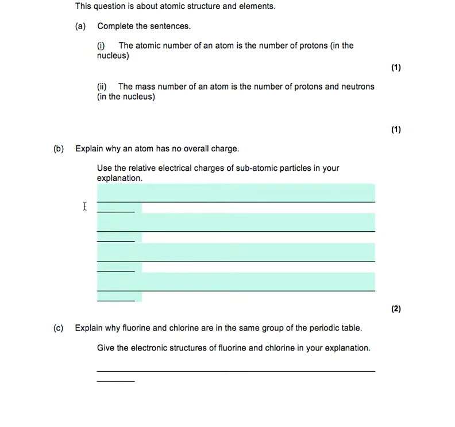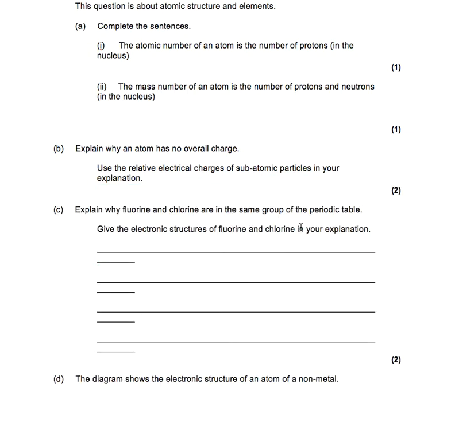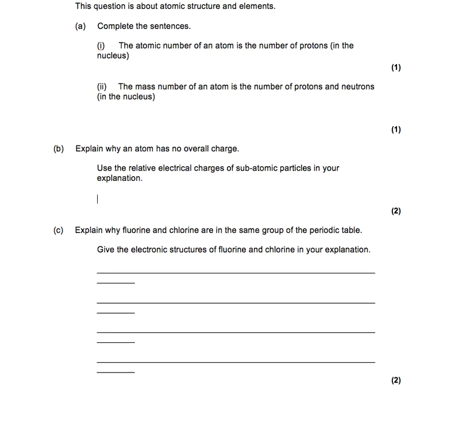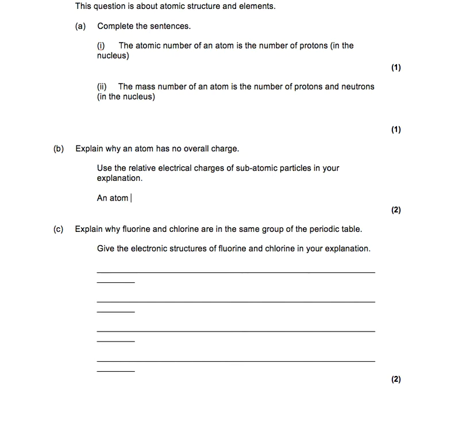Explain why an atom has no overall charge. Well, notice there are 2 marks here. So you're going to say an atom has the same number of protons and electrons.